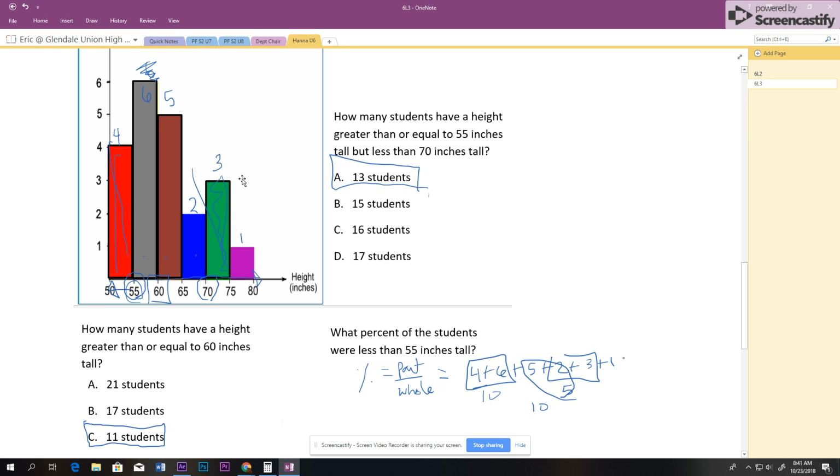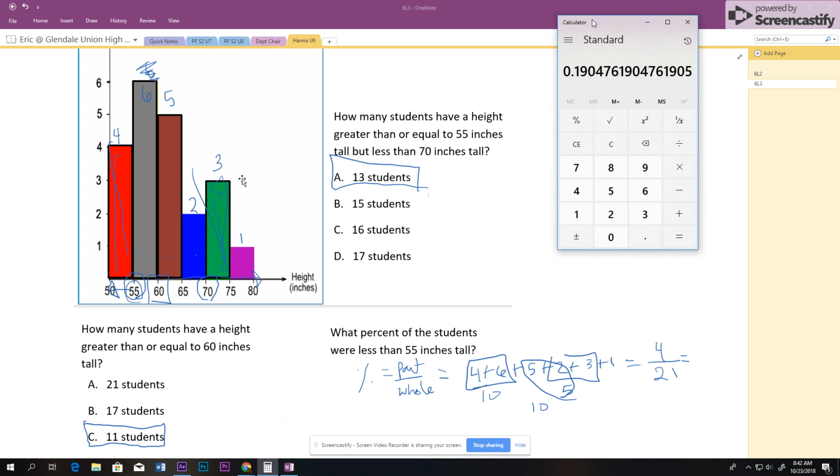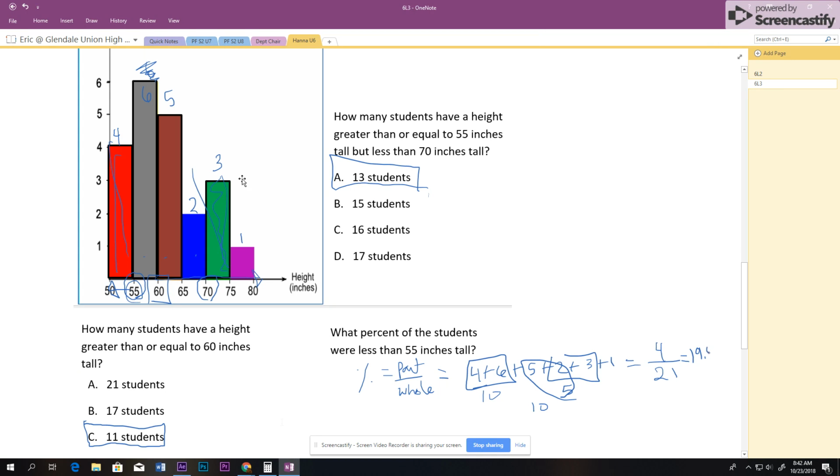So 10 plus 10 is 20, plus 1 is 21. So our whole is 21, and our part is the less than 55, which is 4. So 4 over 21, let me pull up my calculator real quick. 4 divided by 21 is 19.047%. So we'll go 19.05% or just 19%.